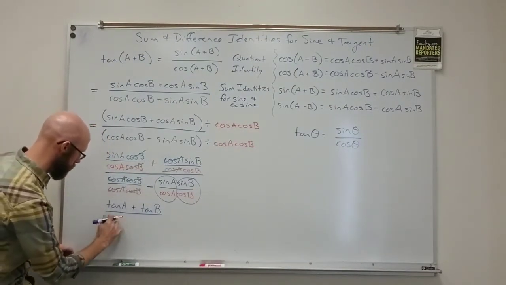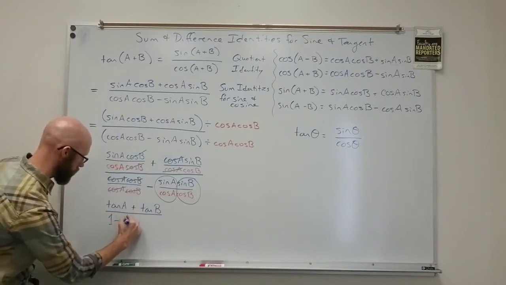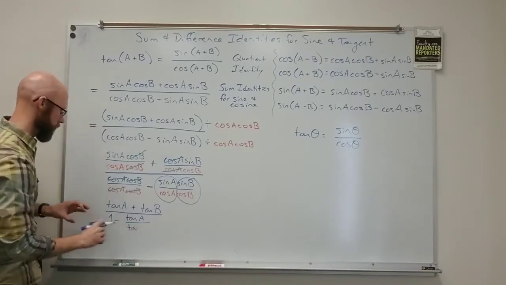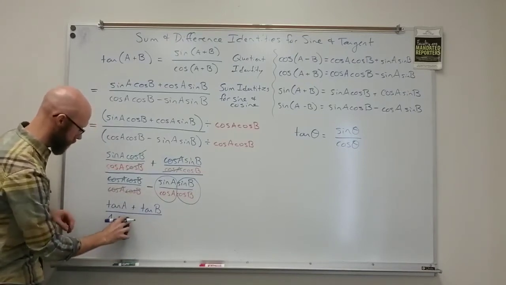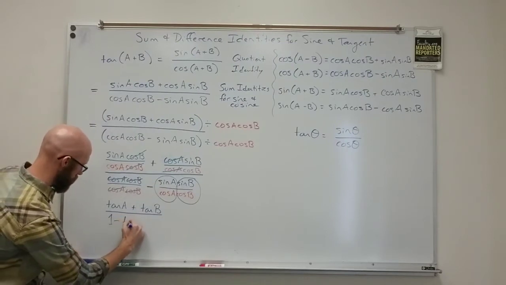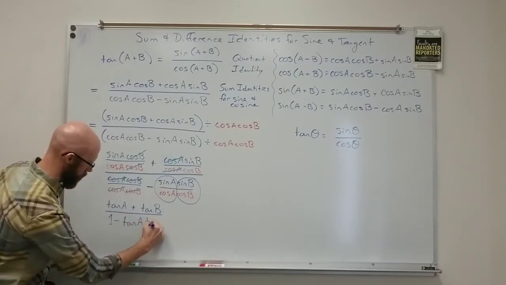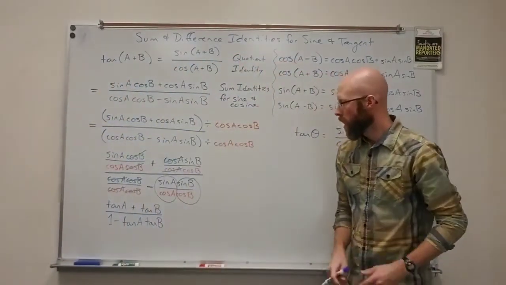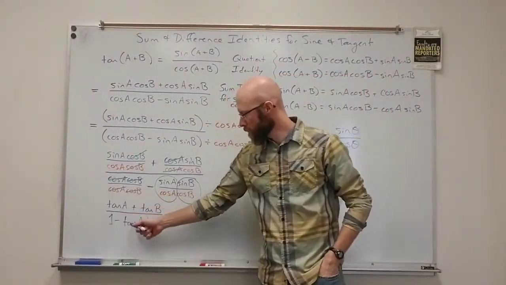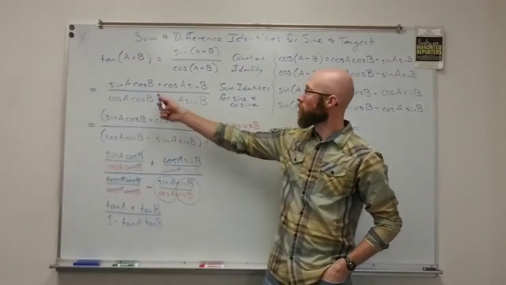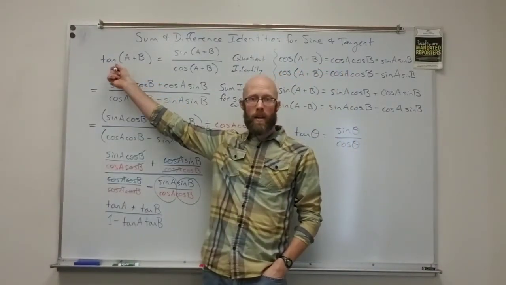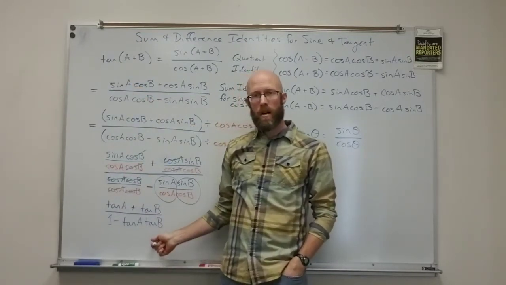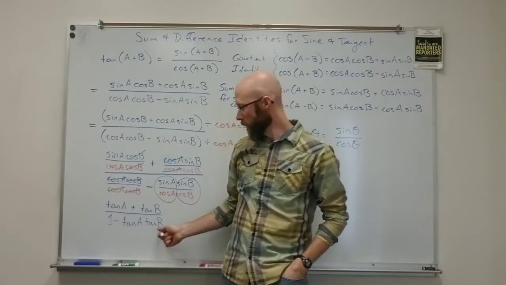Hang on, let me rewrite that. 1 minus tangent of A times tangent of B. Right? So they're multiplied together. This now is in terms completely of tangent, which is kind of what we want, right? We had a tangent of A plus B. It'd be nice to write it in terms of the tangent of A and the tangent of B separately, okay? And that's what we have here.